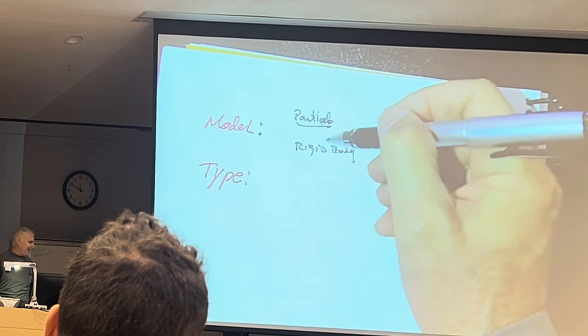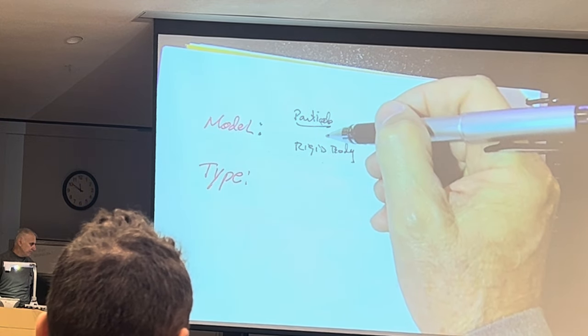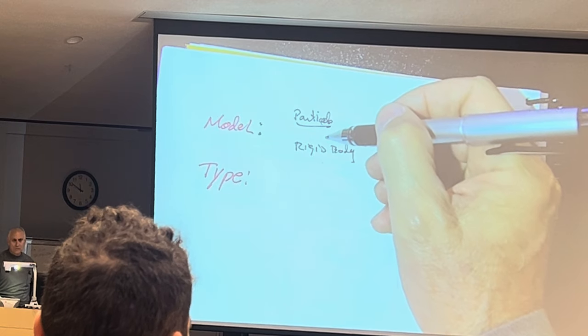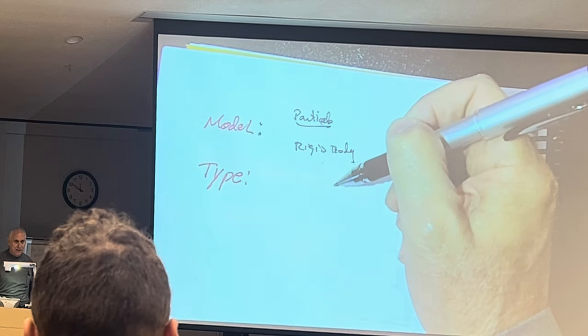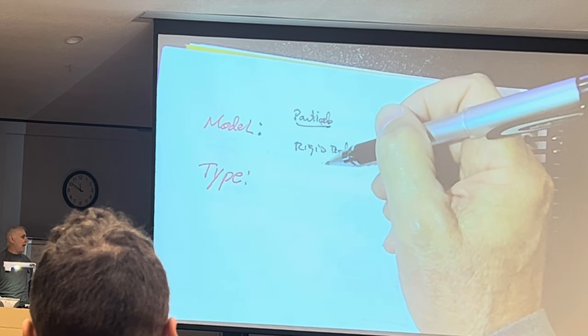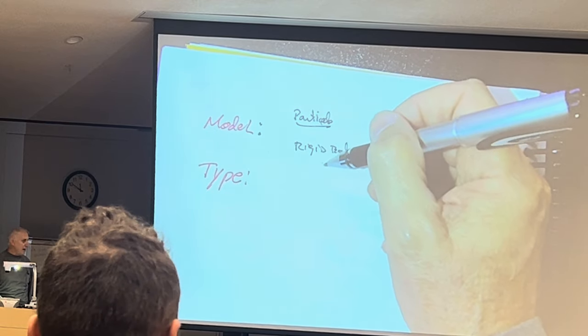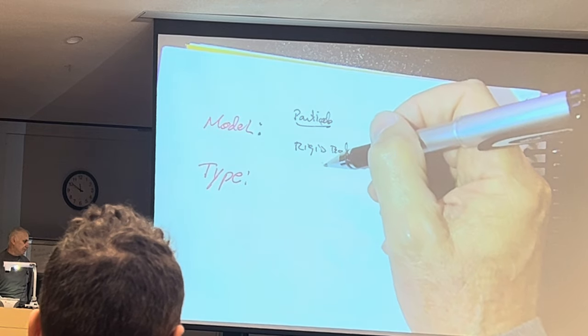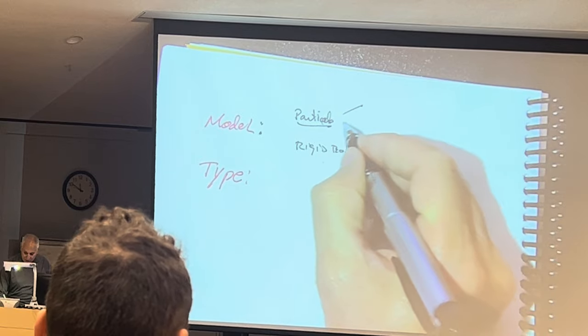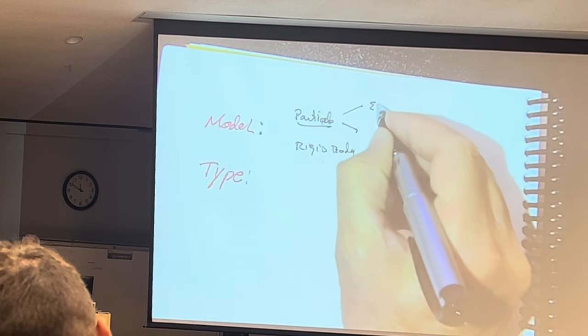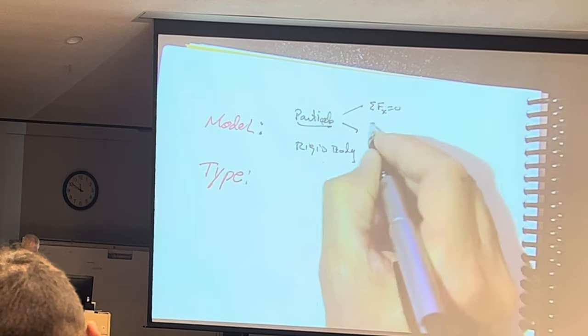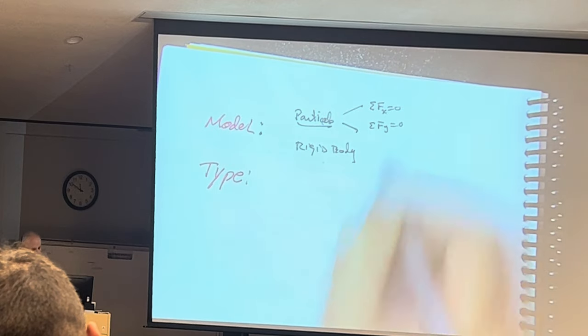Well, how would I know? How do you know if it's a particle or rigid body? If the block has dimensions on it, it's a rigid body. If it doesn't have any, it's a particle. So the reason I do this is I can say, some force in the x, some force in the y equals 0.